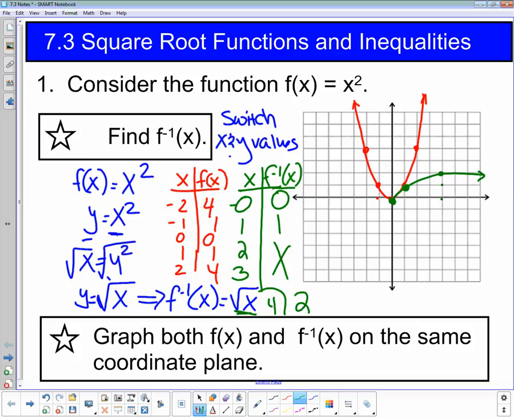And if we were to have negative y values here, because this is an inverse, we know that our inverse is a reflection of our original function across the line y equals x. So technically, if this was a true reflection, we'd have something right here. But if you notice, this isn't passing our vertical line test. So this wouldn't be a function. That's why we focus on the positive values of our square root function.